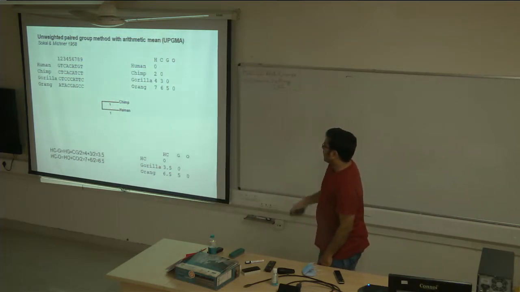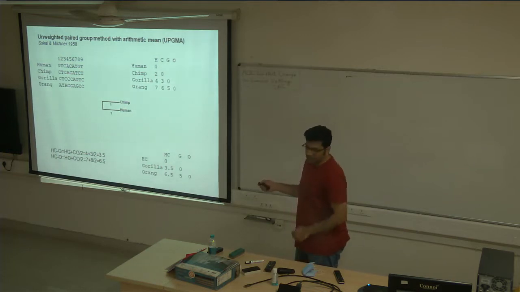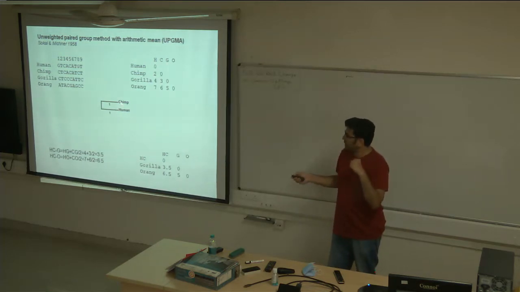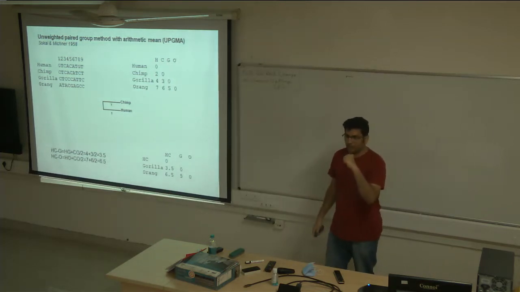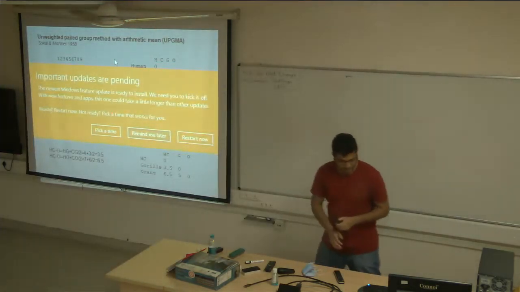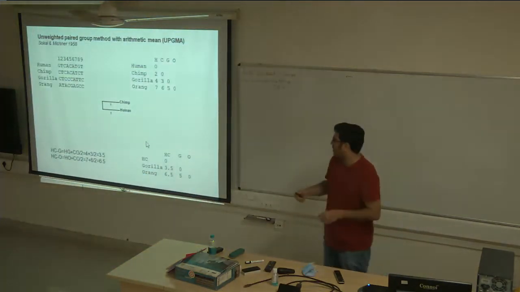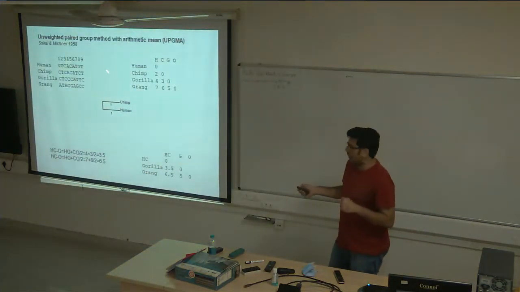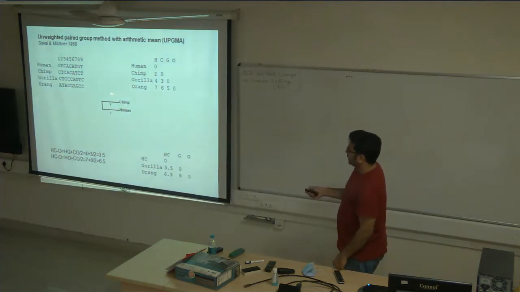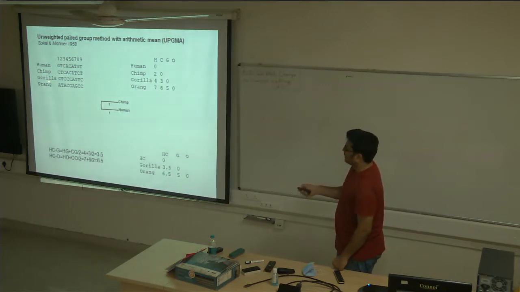Now we have to calculate. After that, it considers human and chimp as one unit, one taxa, and then it recalculates the distance between this human chimp, that HC taxa, with the remaining 2 taxa.